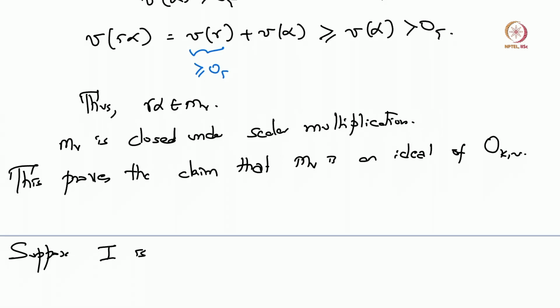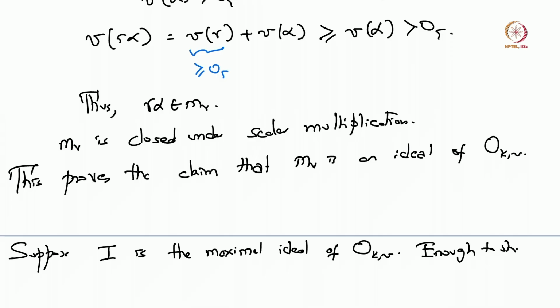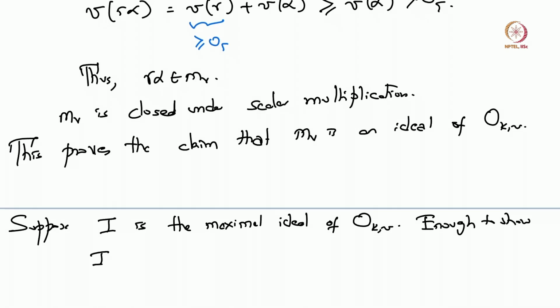So we have already shown that O_Kv, being a valuation ring, is a local ring, so it has a unique maximal ideal. So suppose I is the maximal ideal of O_Kv. We want to show that it's equal to M_v. So it's enough to show, since it's maximal, that I lives inside M_v.